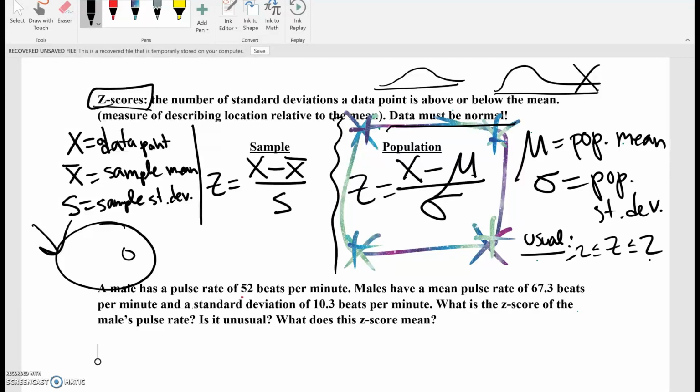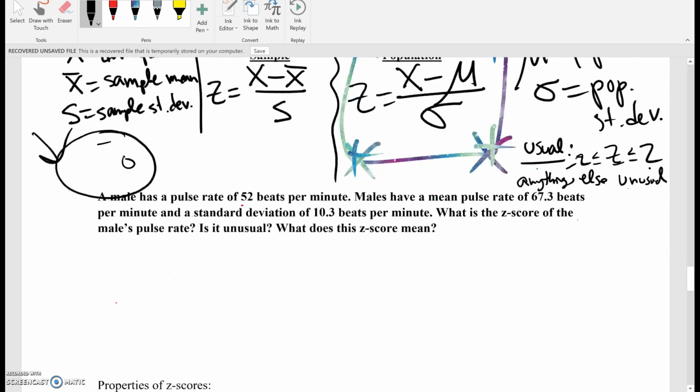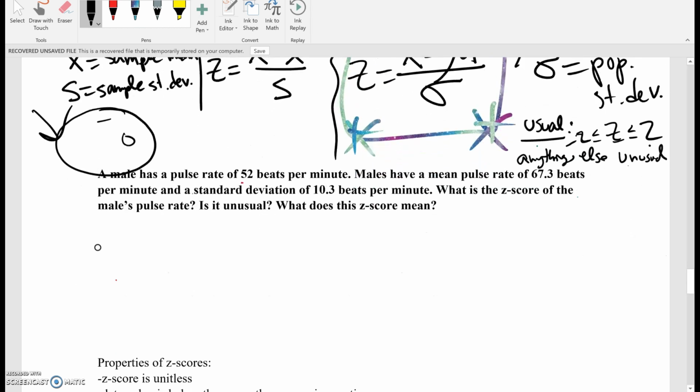So for right now, if I have a z-score that's between -2 and 2, it's going to be usual. Anything else is unusual, not very likely to occur. So I want my z-scores all to be between -2 and 2, and if they pass these guidelines, then it's going to be unusual.